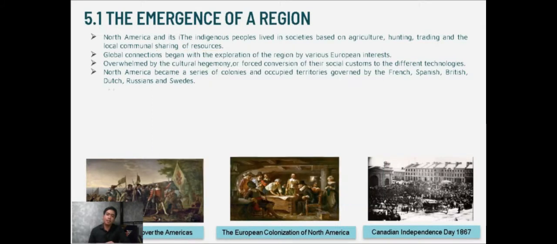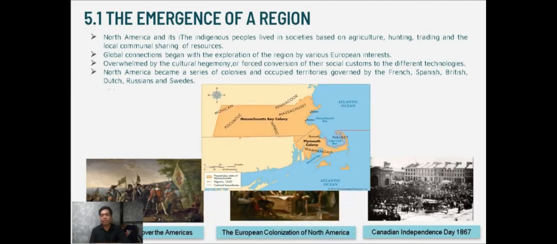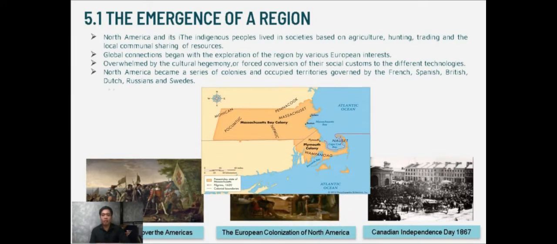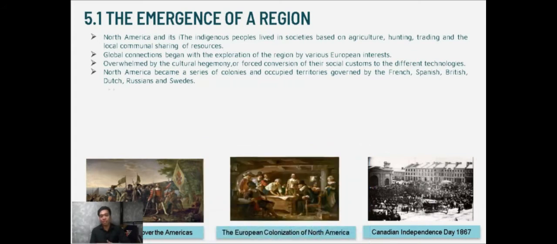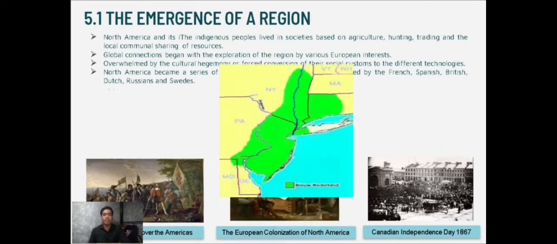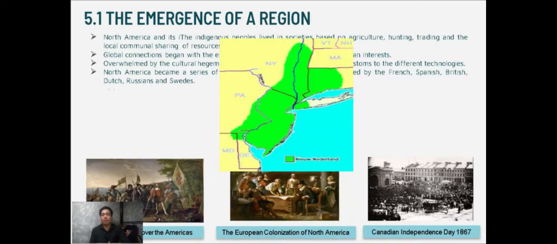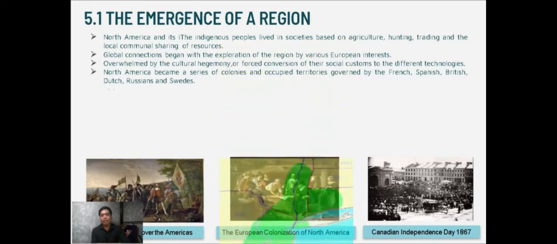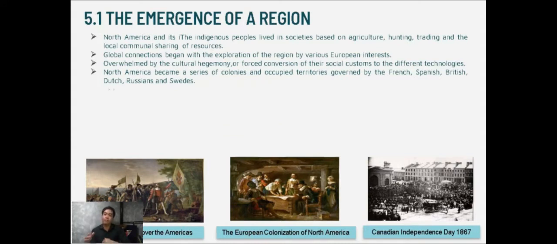In the early 17th century, the British established colonies along the Atlantic coast, in Virginia in 1607 and Massachusetts in 1620. The Dutch explored the Atlantic seaboard looking for trading opportunities, founding the city named New Amsterdam, now we call it New York, at the mouth of the Hudson River, and Albany further upstream.